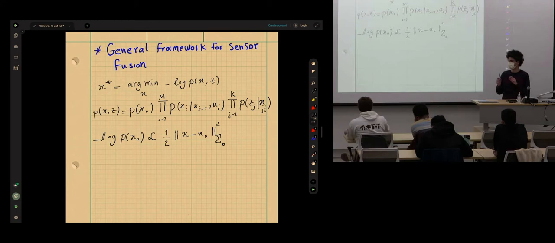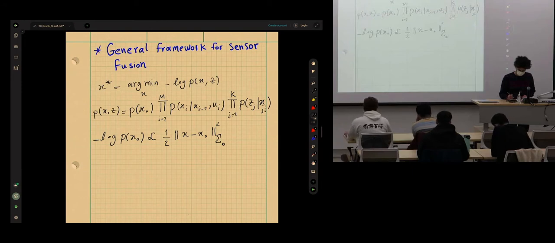So x0 is the variable at time step 0, and x with a bar is whatever prior we place for that time.